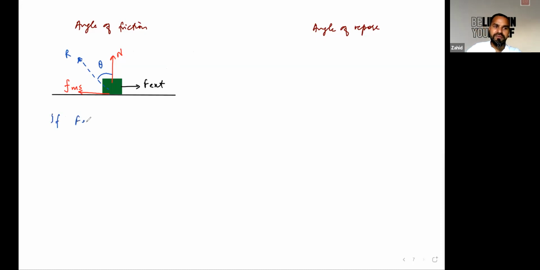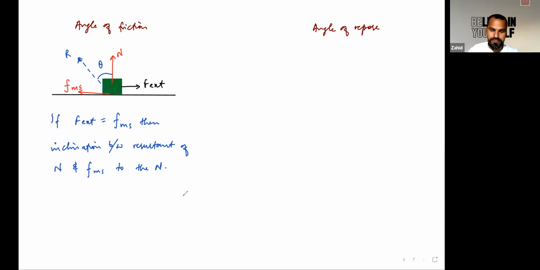So if F external equals maximum static, then the inclination between the resultant of normal reaction and maximum static to the normal reaction is termed as angle of friction.